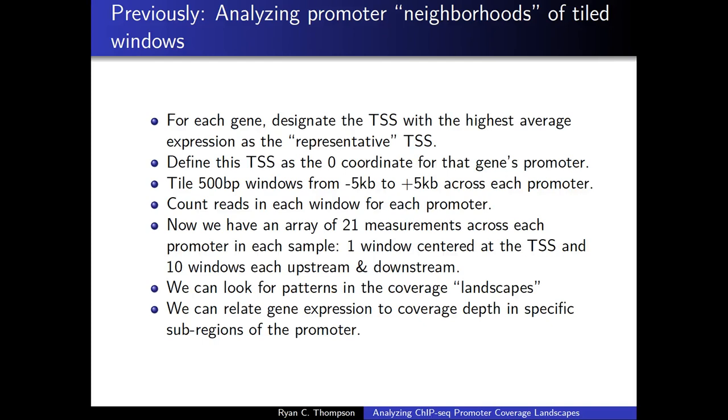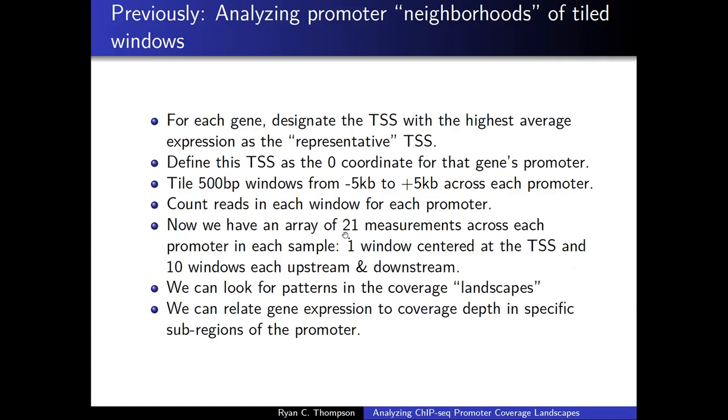I called that the representative TSS for that gene in my data set. Then I defined that as the 0 coordinate, and I put one 500 base pair window centered directly on that, and then I put 10 windows upstream and 10 windows downstream. Then I count the number of ChIP-seq reads in each of those 21 windows for that promoter, and I do the same for every other promoter in the genome.